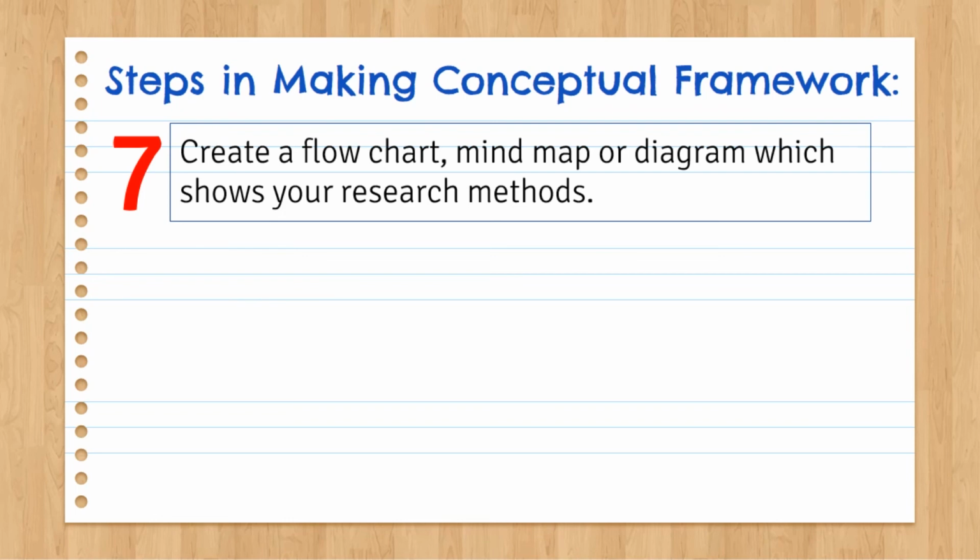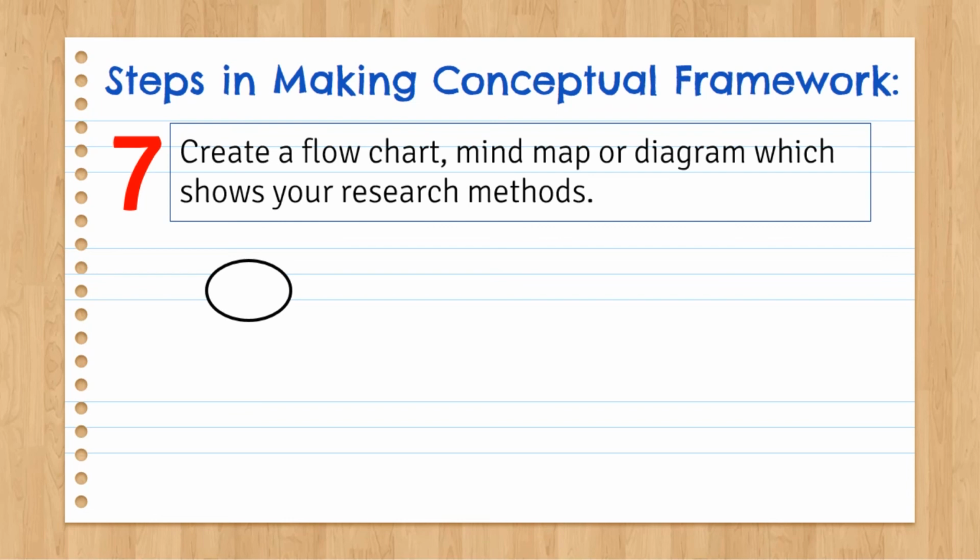These are some visual illustrations and their uses to guide you in making a flowchart, mind map, or diagram. You can use a circle to indicate your research variables. You can also place it at the center or top of your flowchart or diagram to symbolize your research topic.